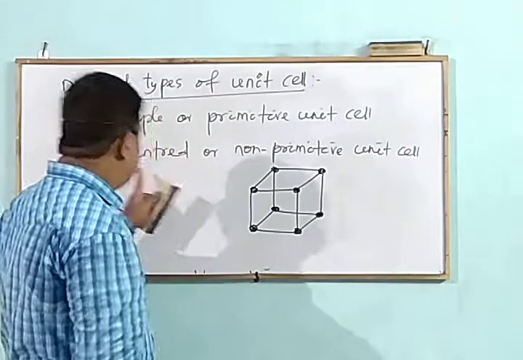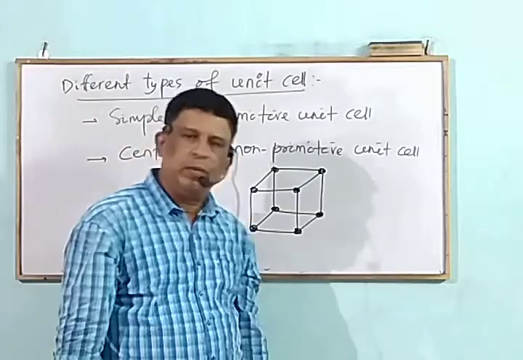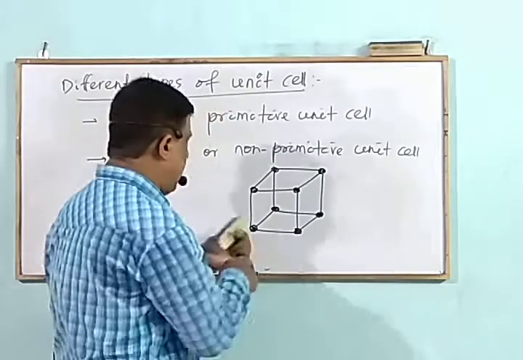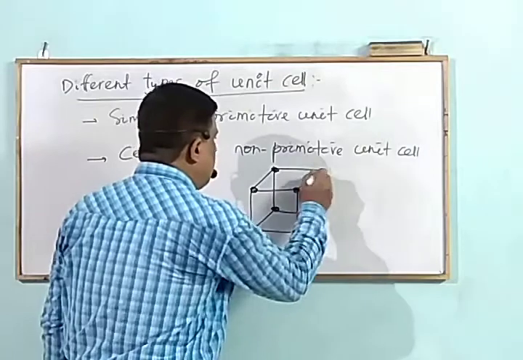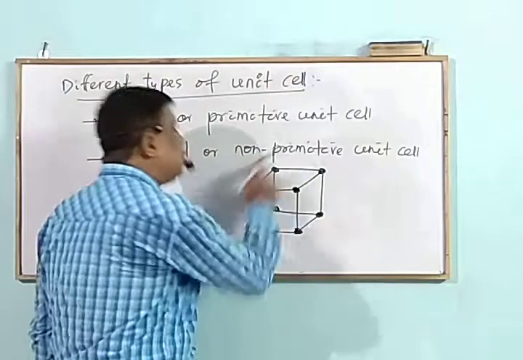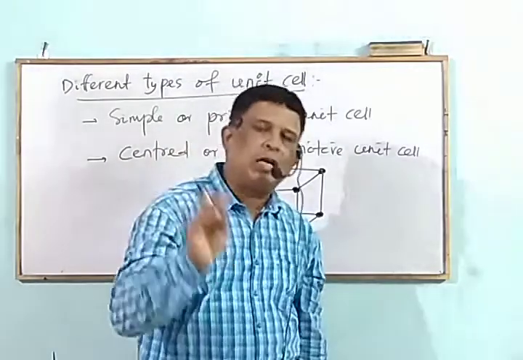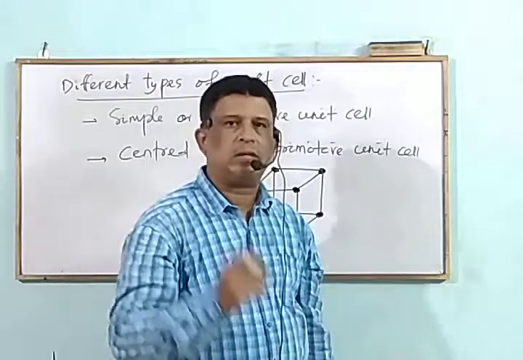Next is centered or non-primitive unit cell. That means, in addition to the 8 corners, there are some other atoms occupying different places.